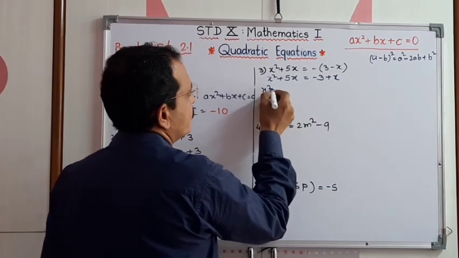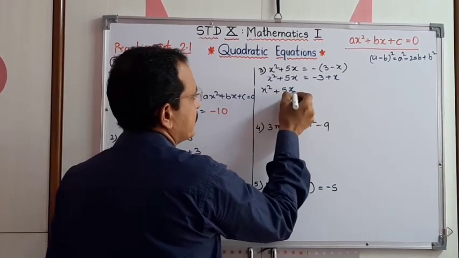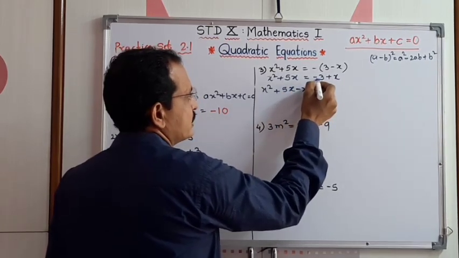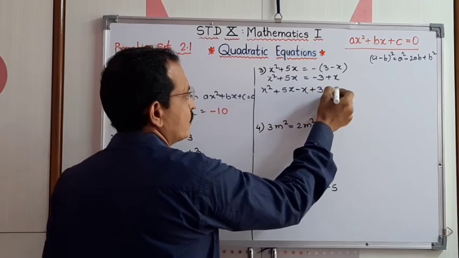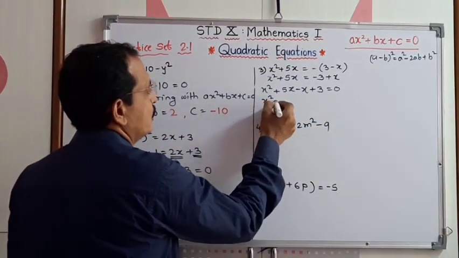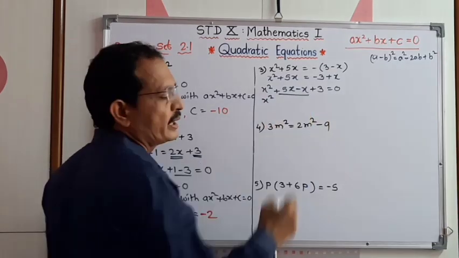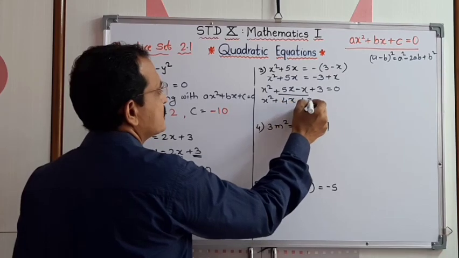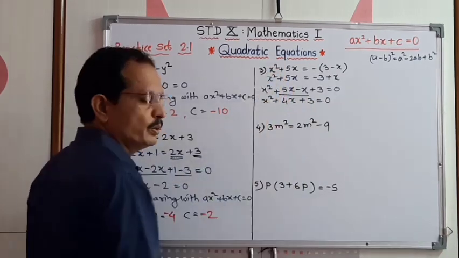Now x square plus 5x, this plus x will become minus x, and this minus 3 will become plus 3 equal to 0. Now x square, this plus 5x minus 1x, it is plus 4x plus 3 equal to 0.